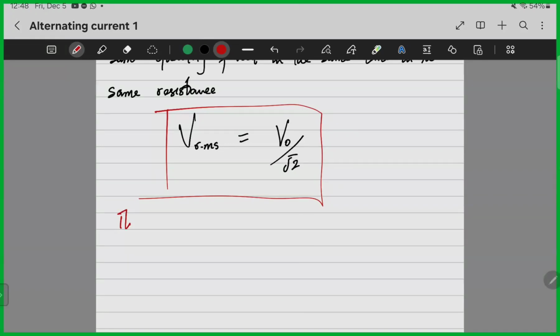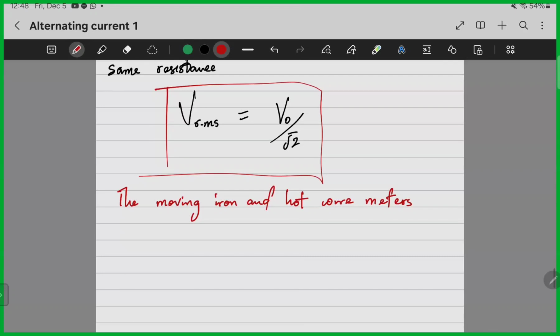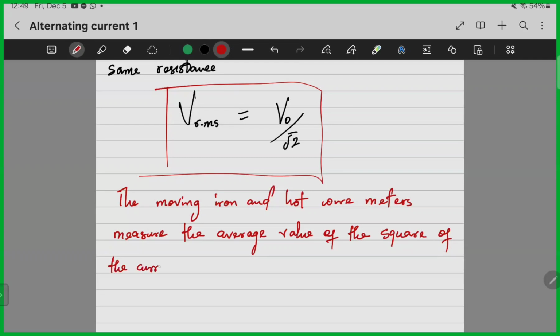The moving coil, the moving iron, and hot wire meters measure the average value of the square of the current, called the mean square current.